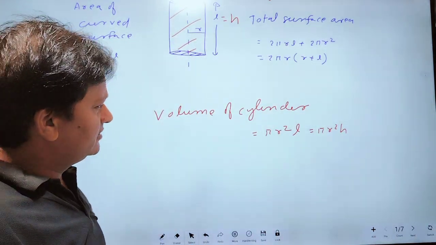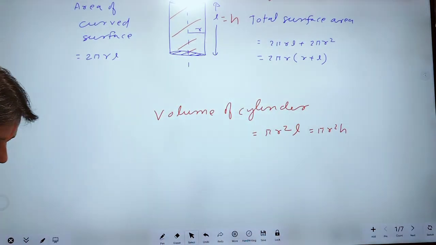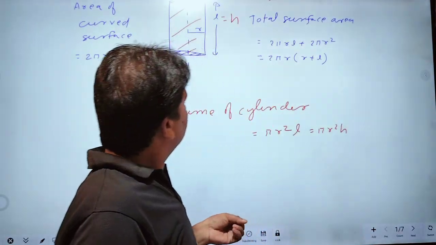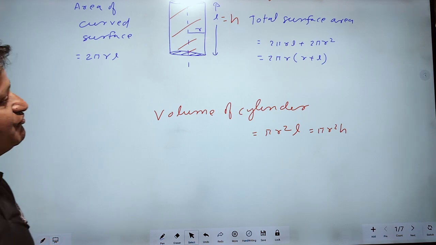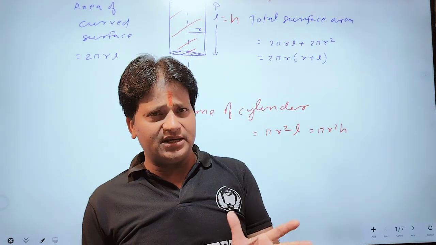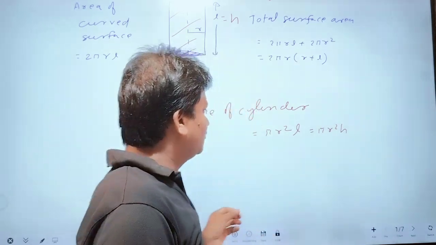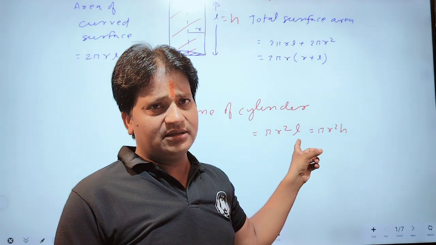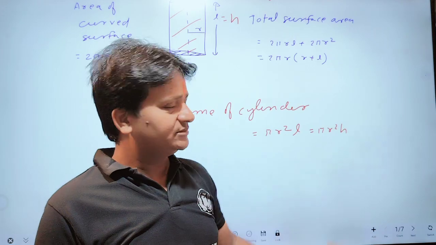Volume of cylinder. We know that if we have to find volume, then first of all we find the area of base and we multiply this area with length or height.